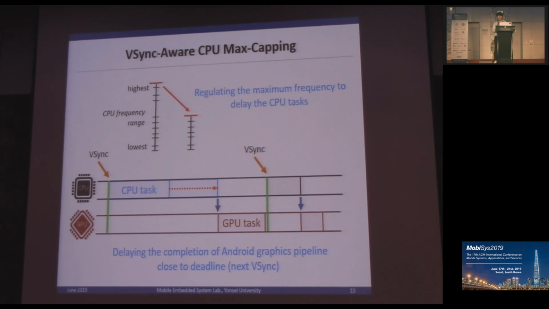Our first solution is VSync-aware CPU max capping. This solution tries to delay the completion of the frame rendering closer to the next VSync by regulating the maximum CPU frequency. This maximum CPU frequency regulating is called CPU max capping.